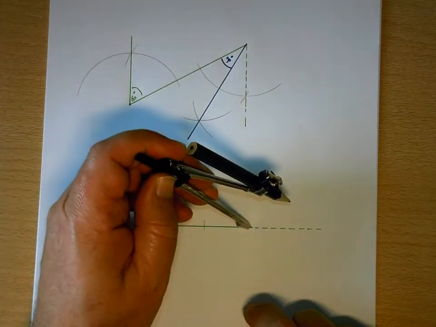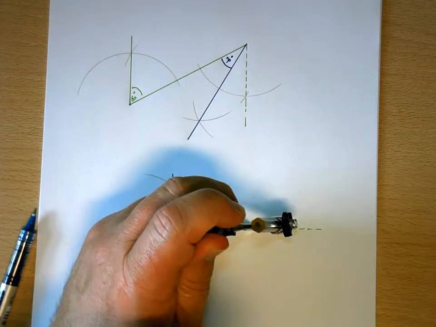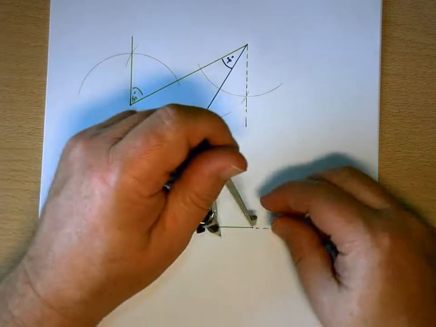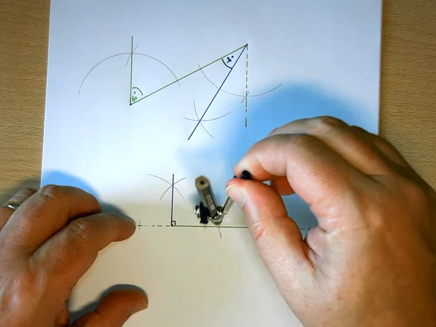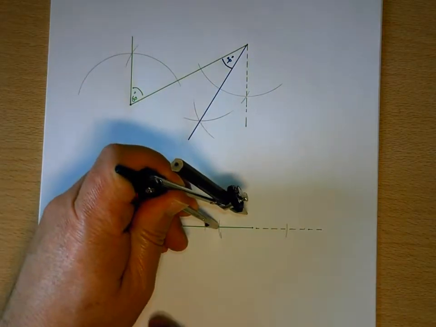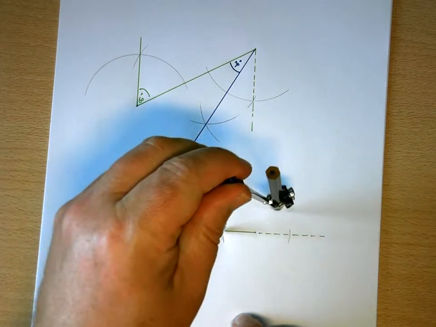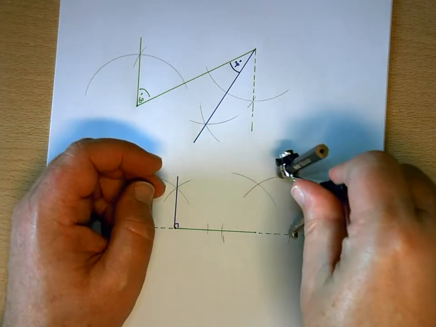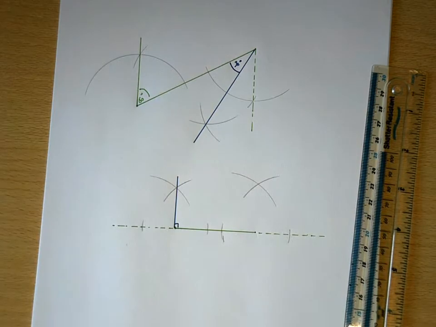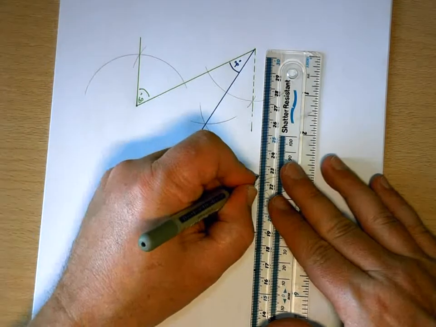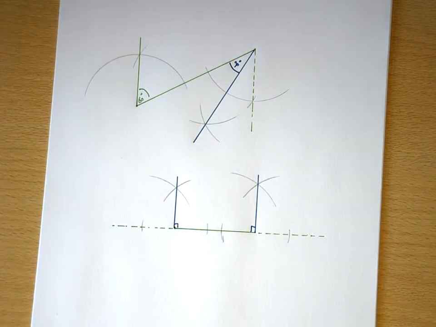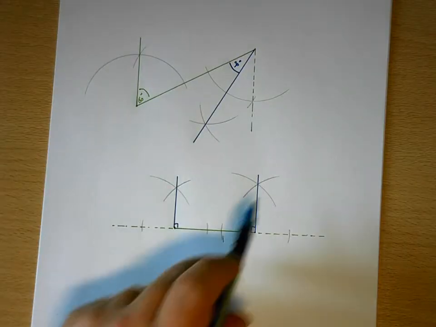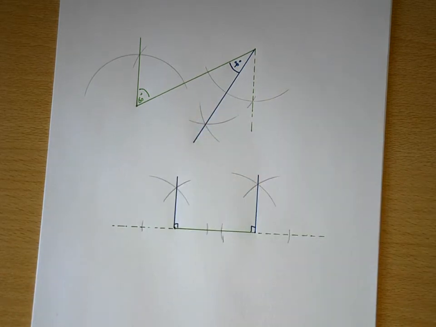Extend your line, compass point where you want the angle to be drawn from, intersect, intersect, make your compass radius a little bit larger. And there's your 90. So we've got 30, we've got 60, we've got 90, we've got a bisection of an angle.